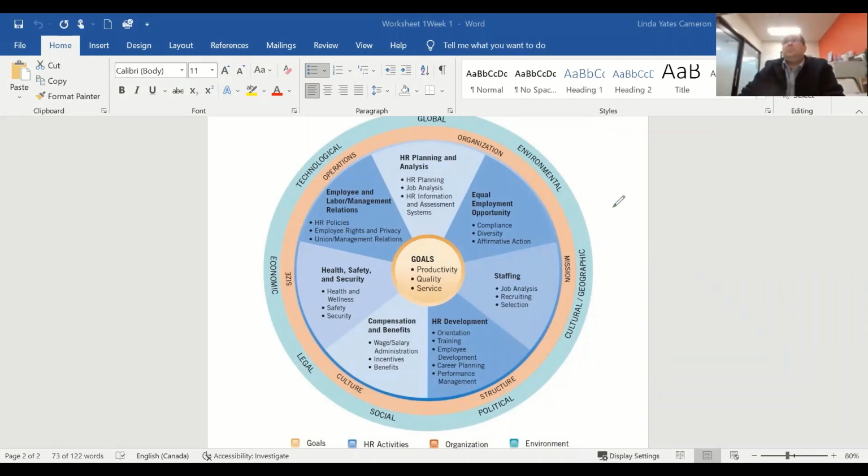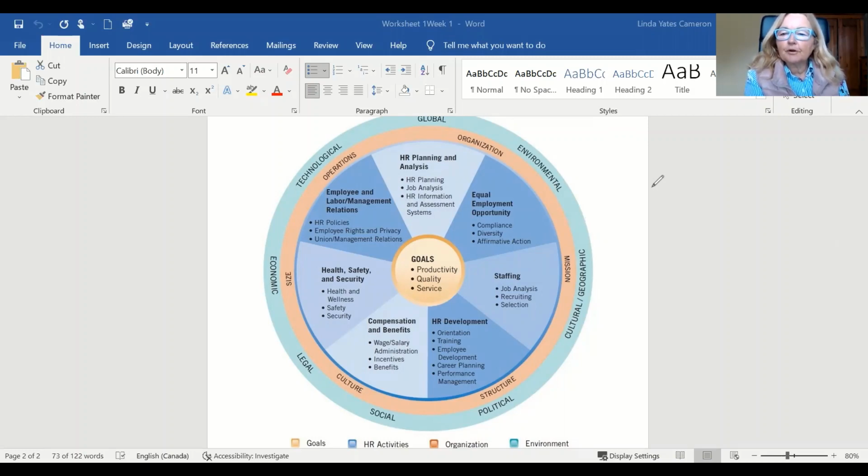Okay, so we're all back now. If you're not going to be speaking, if I could get you guys to mute your voice, that would be great, because then we won't hear a lot of stuff going on. And can you all see the diagram on the page now? Okay.